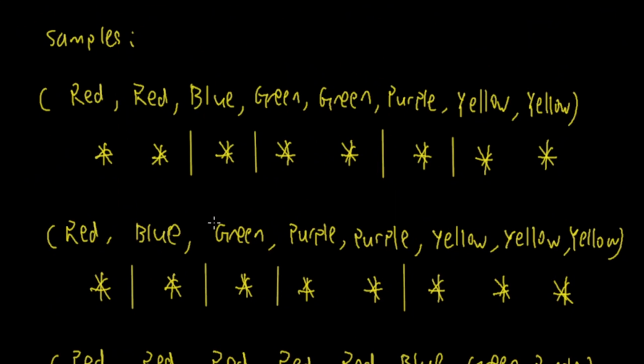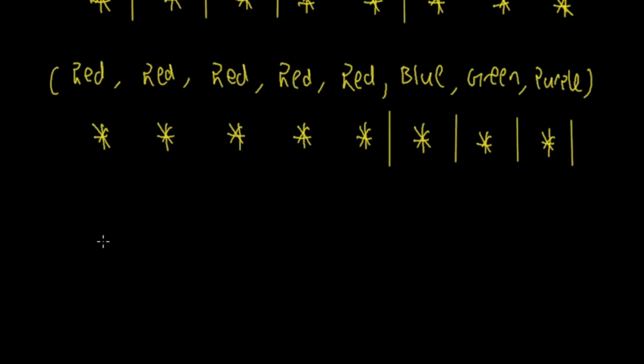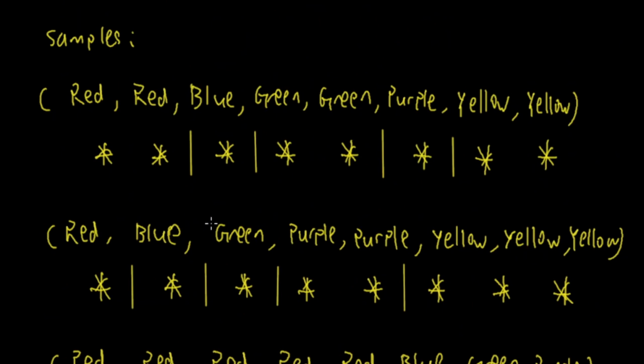Notice that, again, the number of stars represents the number of colors chosen, which is the letter R here, right? So we can still say that R is the number of stars. Now, how many bars are there in each sample? 1, 2, 3, 4, right?